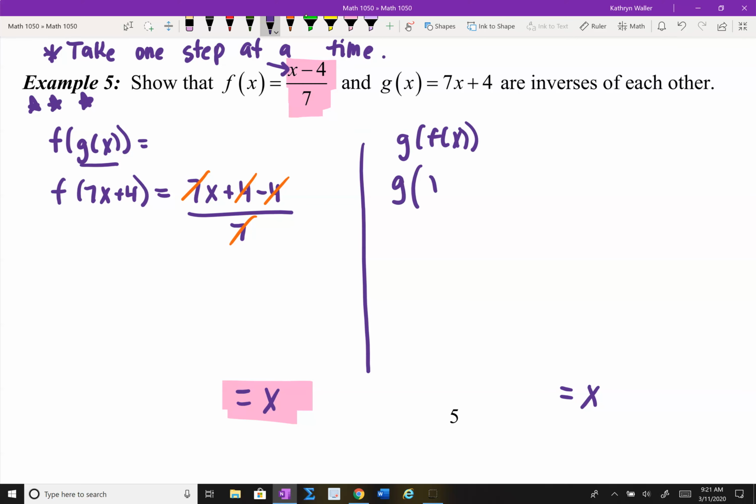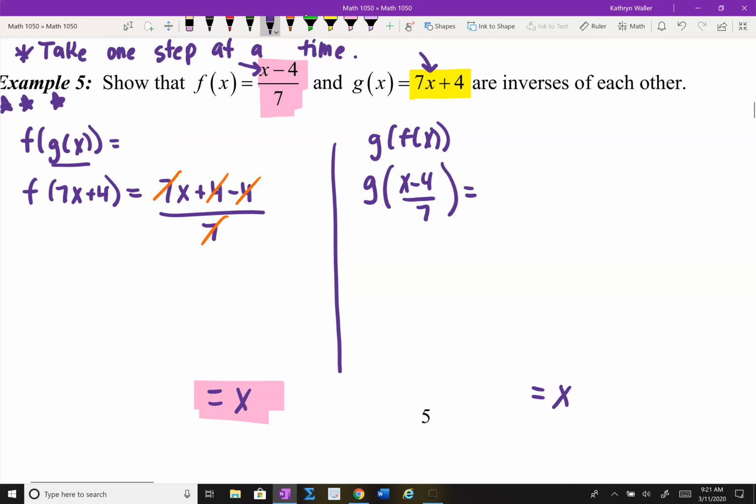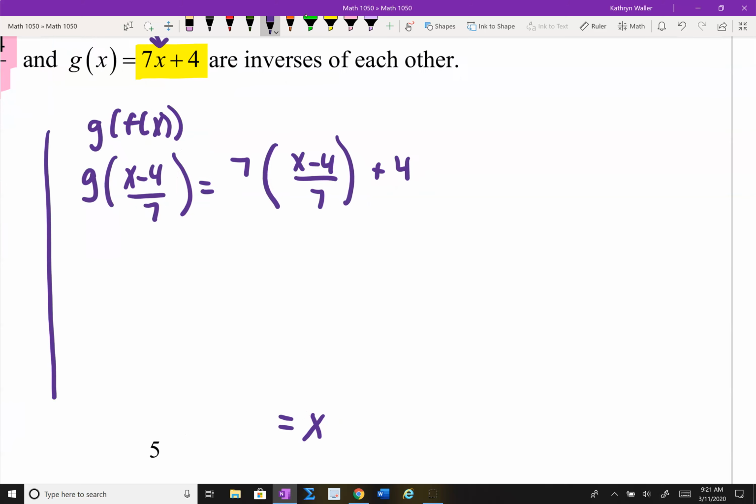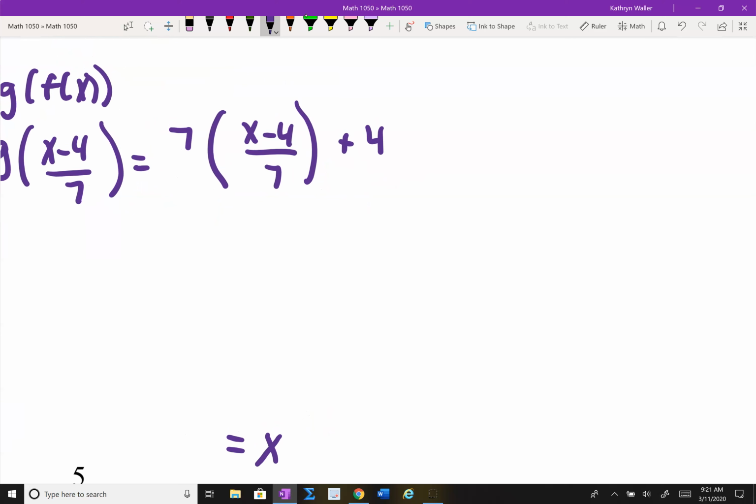This is g of f of x, which is g of x minus 4 over 7. Now you go into this yellow g of x, and right there, where you see an x, you have x minus 4 over 7. So everybody go 7 times x minus 4 over 7 plus 4. Can I cancel my 4s, everybody?